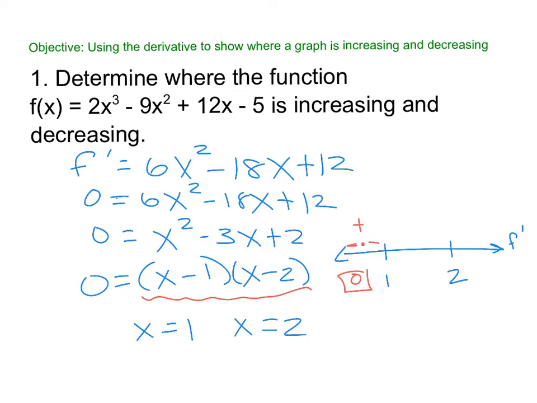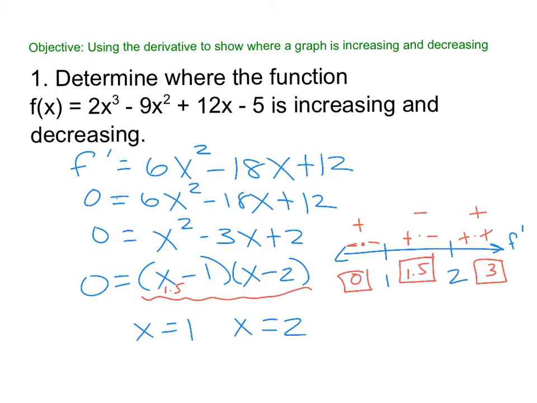So that's a positive. So when x is less than 1, it's increasing. 1 to 2, say 1.5. If I plug in 1.5 here, I get a positive and a negative. Positive times a negative is a negative. And then I plug in, say, 3. I get a plus times a plus, so a plus.